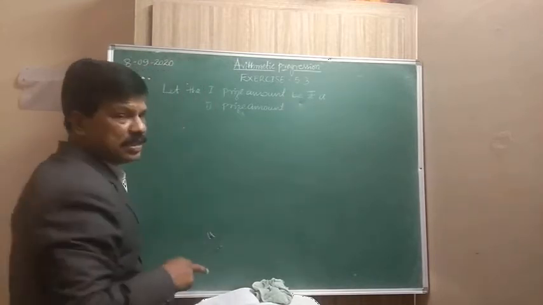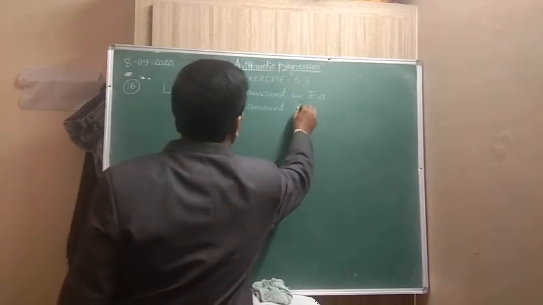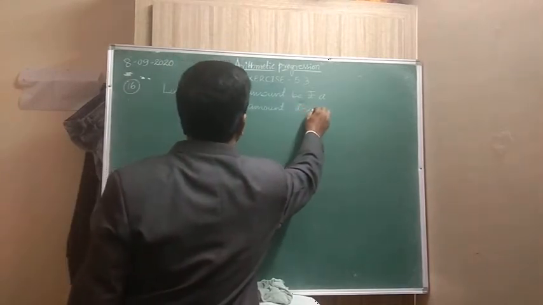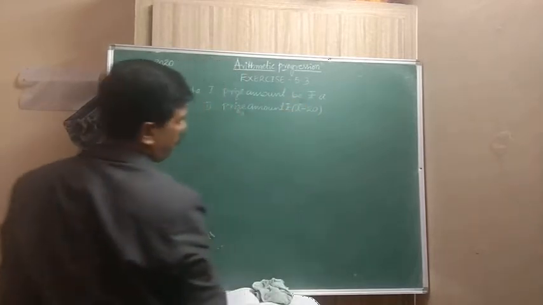The first prize is A, and the second is 20 rupees less. So we should write like this: A minus 20. So rupees A minus 20.